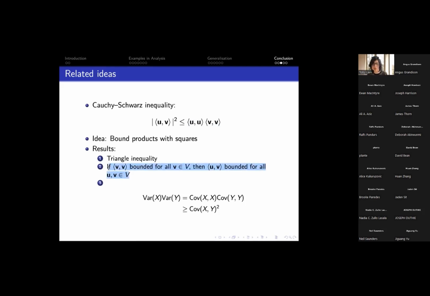And this is a very useful identity to show that the inner product is going to be bounded. In fact, Cauchy-Schwarz also appears in probability theory because covariance can be thought of as some kind of inner product, and so you end up having this nice bound as well. I might have messed up the inequality sign here, but that's not very important.